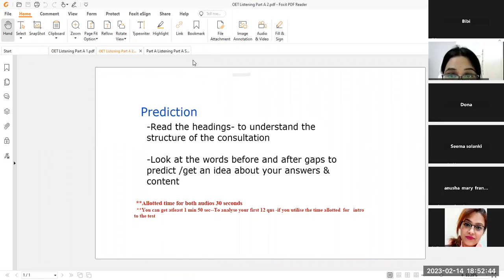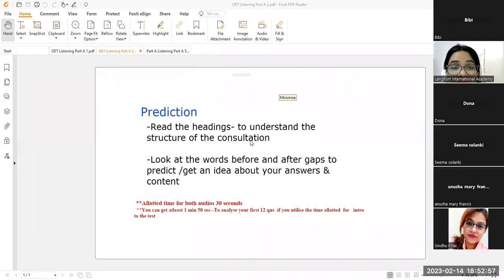There will be headings written in bold on the side. You need to read the headings first, because that will give you a rough idea about the structure of the consultation, and what topics they are covering.